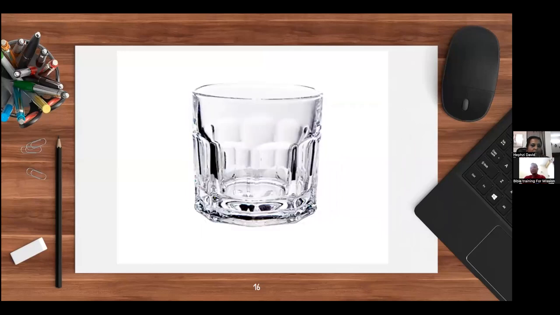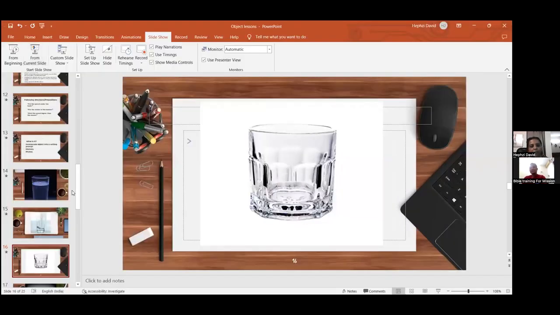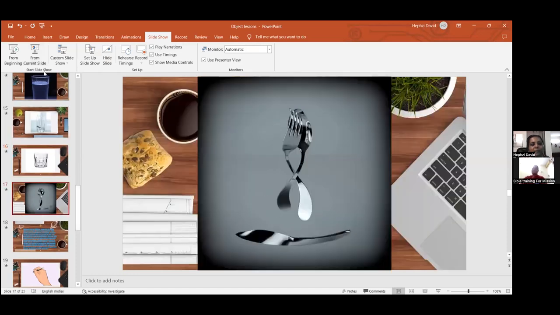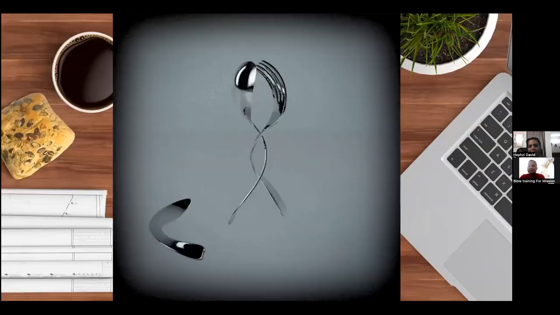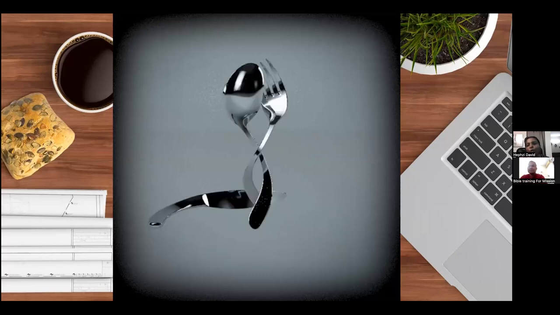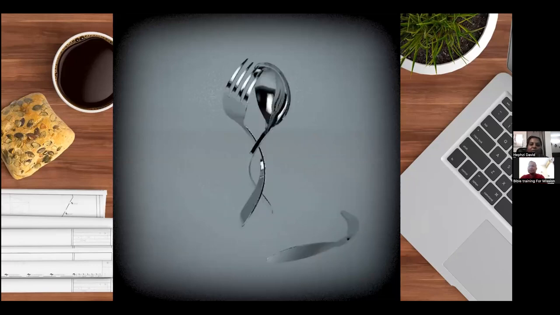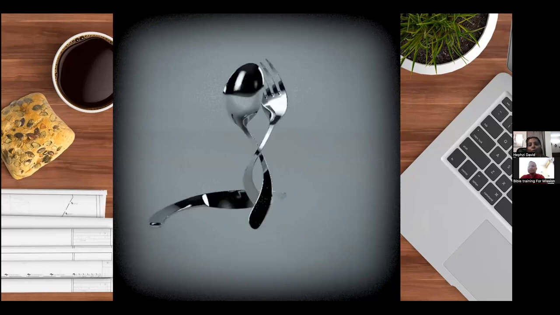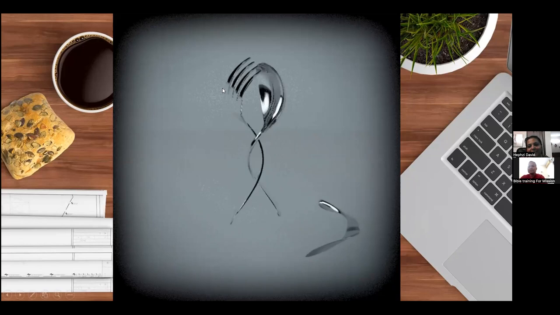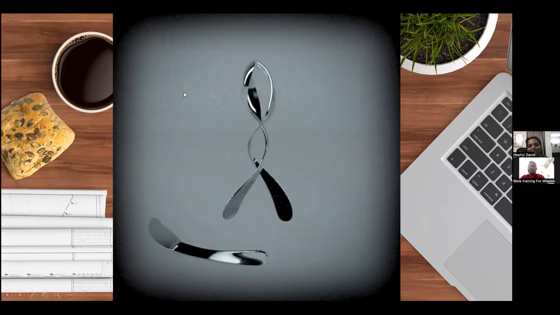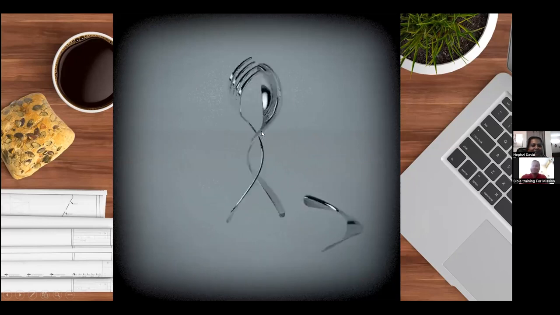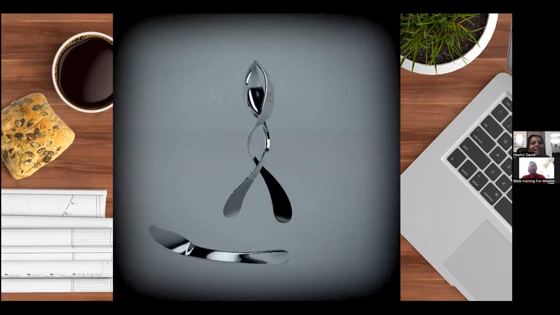You're going to pour the glass of water into this empty cup, but I'm going to give you these three things to pour: a fork, a spoon, a knife. So which would you use to pour? Which would you use? I would use the spoon. For me, it's a spoon.